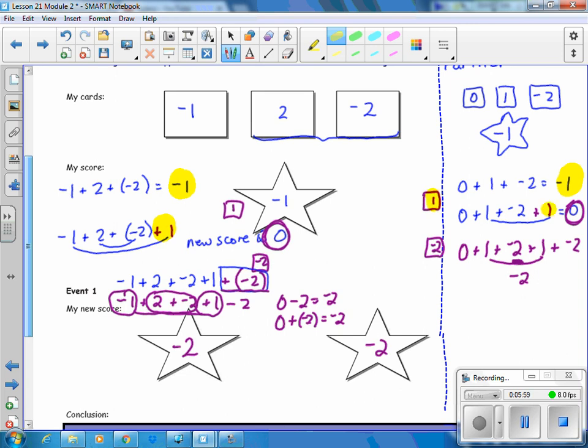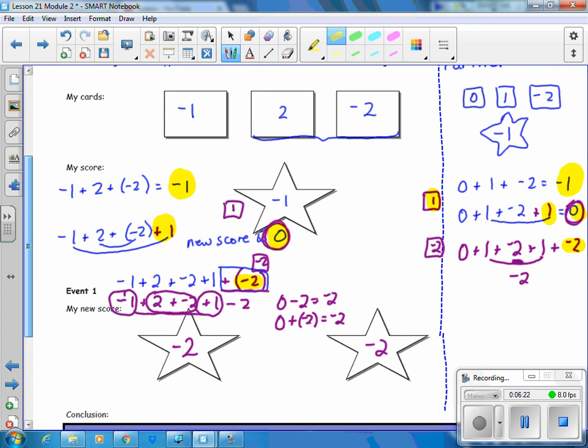And when we added 1, both of your scores changed, but they remained equal to each other. So then we flipped over another card for each one of you, and you got a new card, which is a -2. So you added a -2 to both of your scores, and then your new score is equal to your partner's new score.